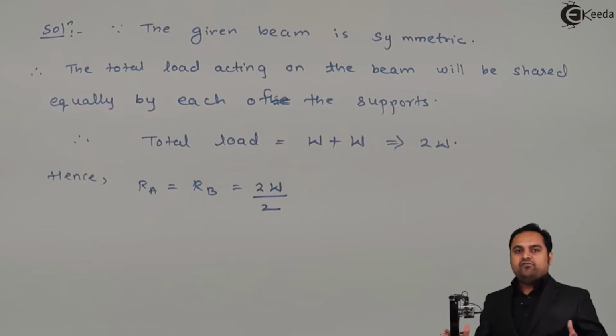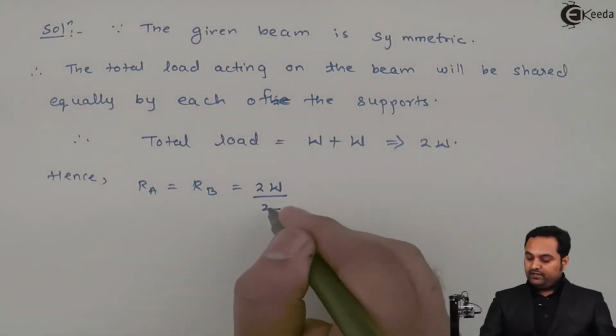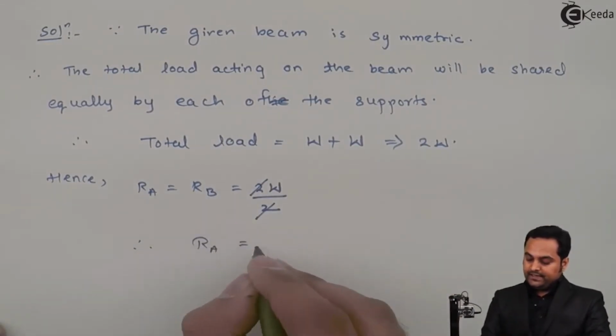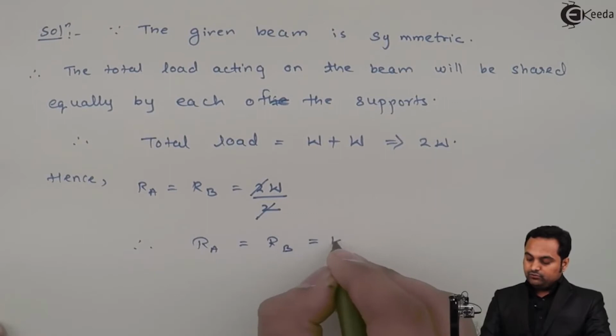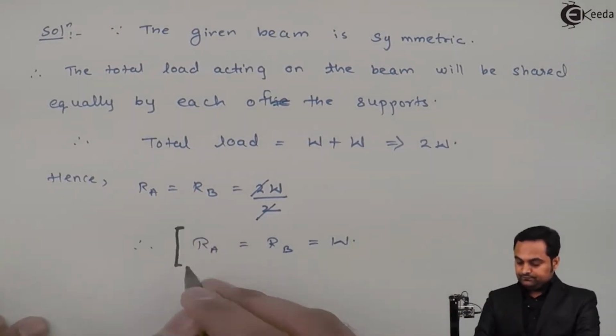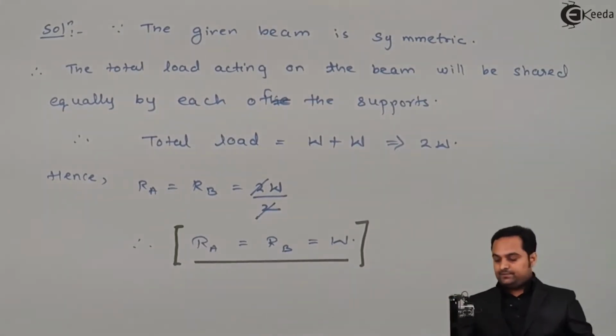It is half. So 2W by 2. Finally, when I cancel 2, the reaction at A and reaction at B come out to be W. So we have found out the support reactions.